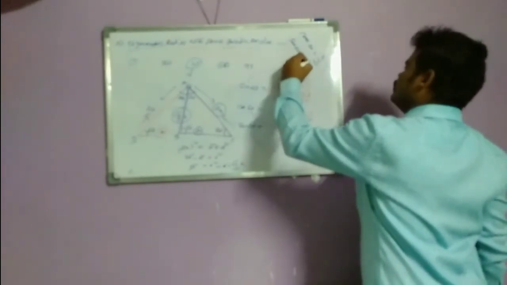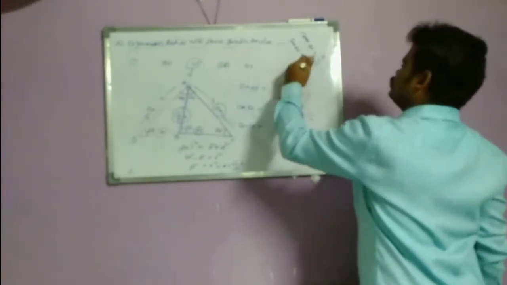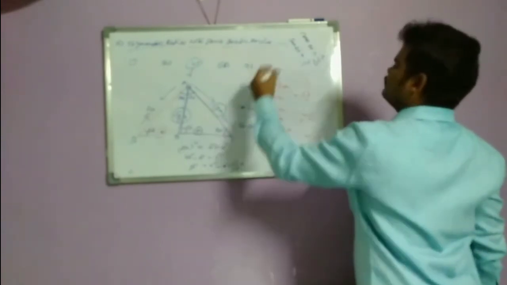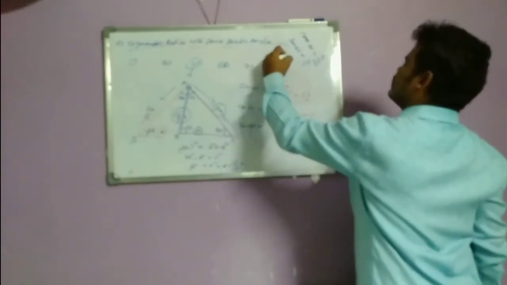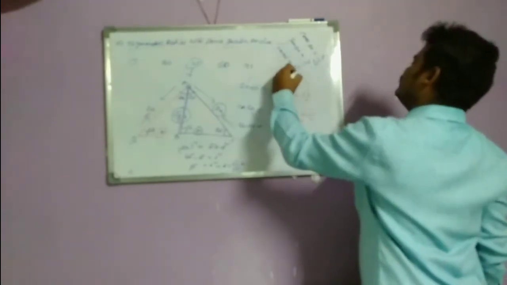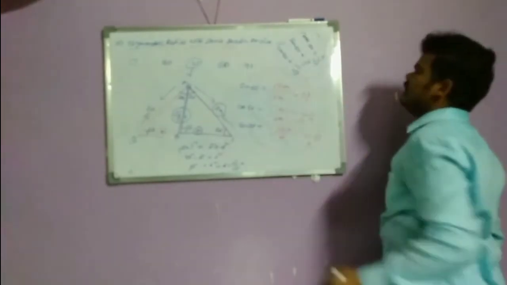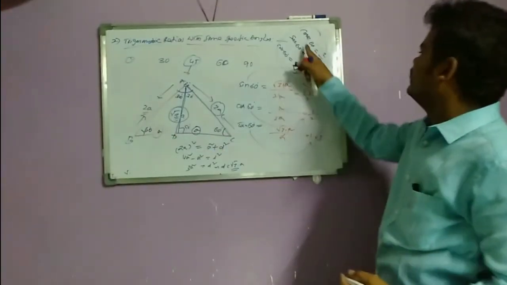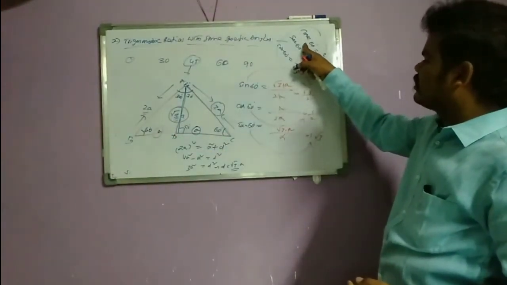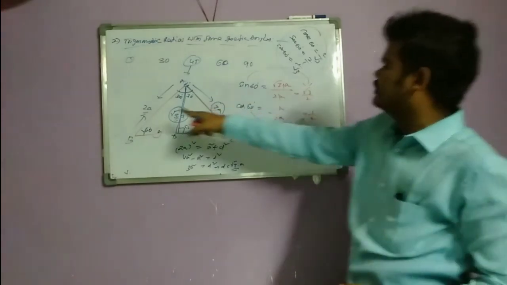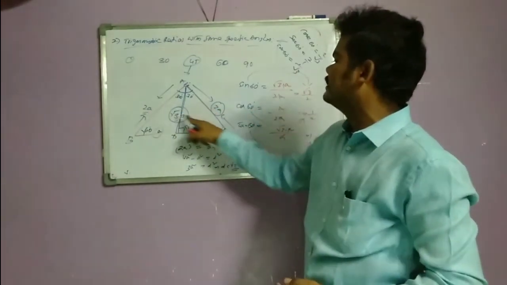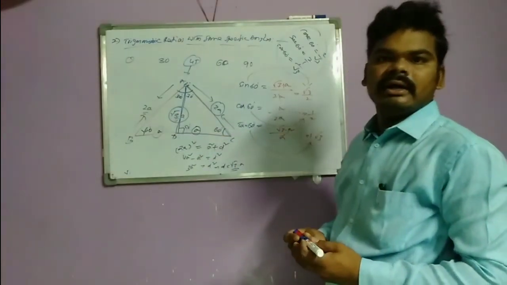Reciprocal means 2 by 1. What about tan? Reciprocal of tan gives cot 60. Cot 60 means 1 by root 3. If we need to check the values, we can check here too. Cosec is the reciprocal, hypotenuse by this one, 2a by root 3 into a, cancelled, 2 by root 3. Right?